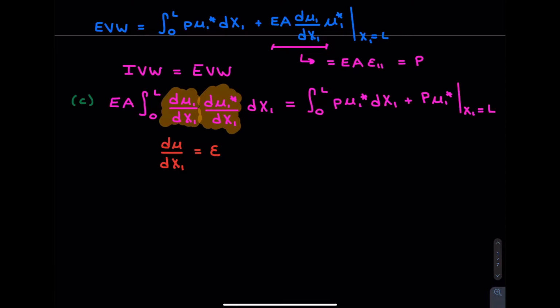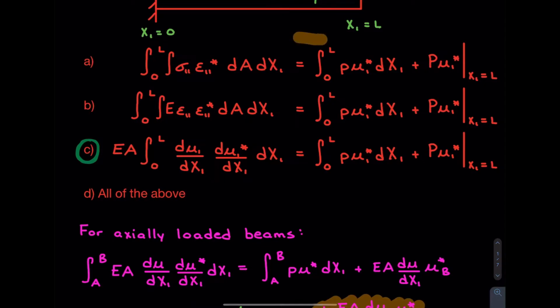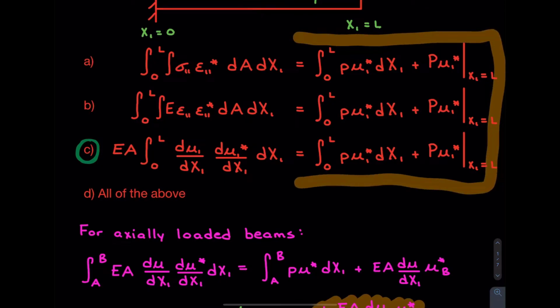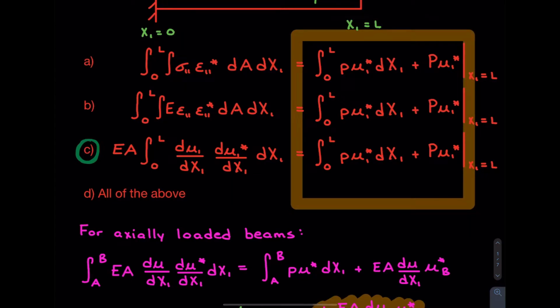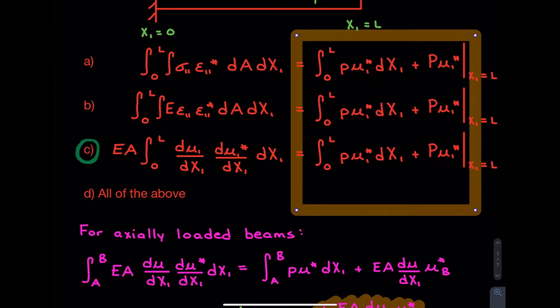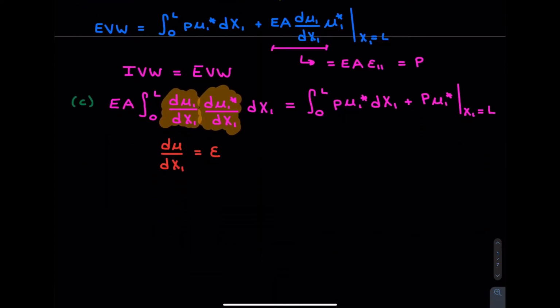If we look up really quick, all of the final answers have the exact same external virtual work. So we're not going to worry about manipulating the external virtual work. We're just going to look at manipulating the internal virtual work for now. I'm just going to say this is always equal to blah, blah, blah, because we're not going to modify this right now. All of this right here, I'm just going to say is the external virtual work.